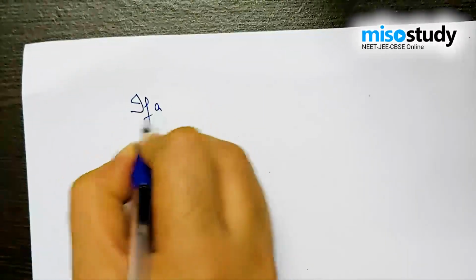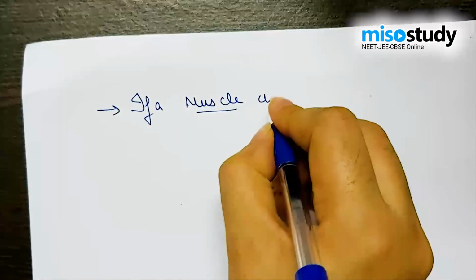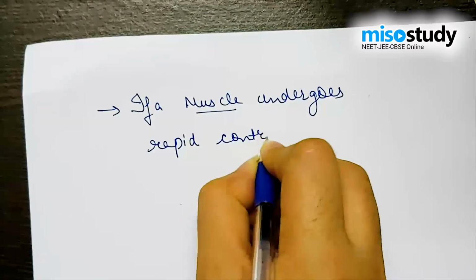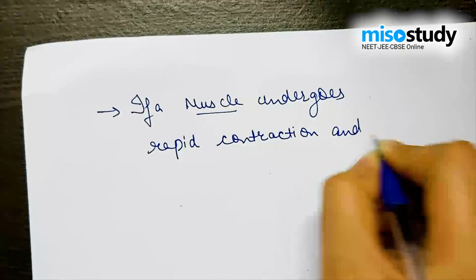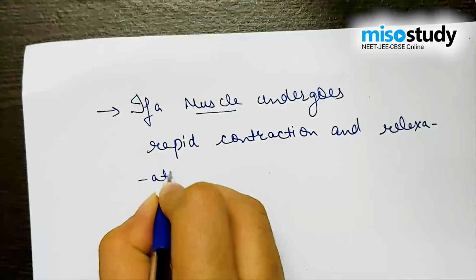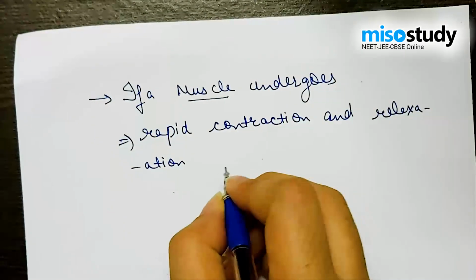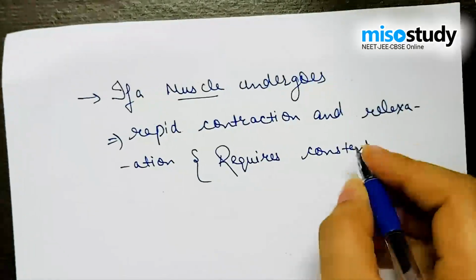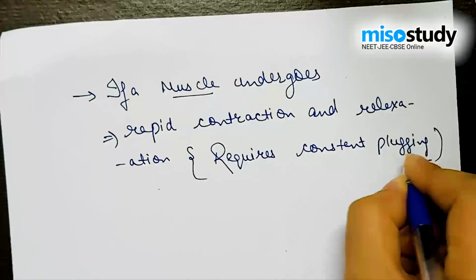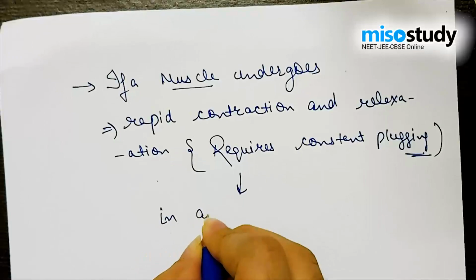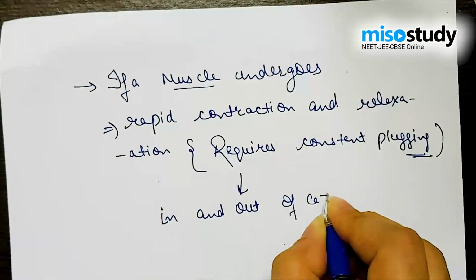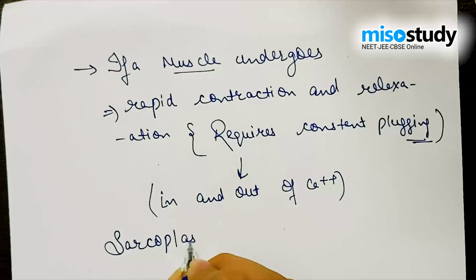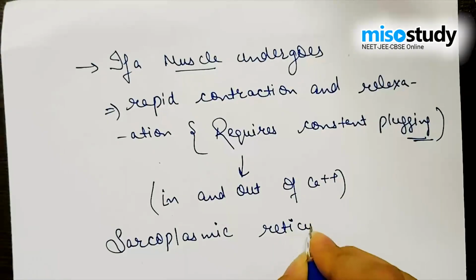So if a muscle undergoes rapid contraction and relaxation, because both cycles follow one after another, it requires constant plugging in and out of calcium 2+ ions from the sarcoplasmic reticulum.